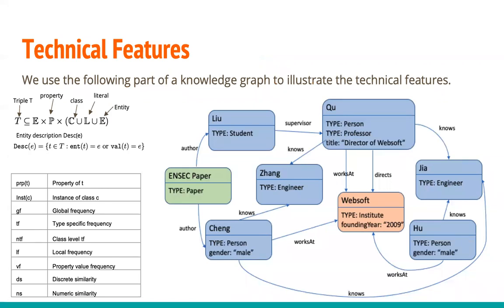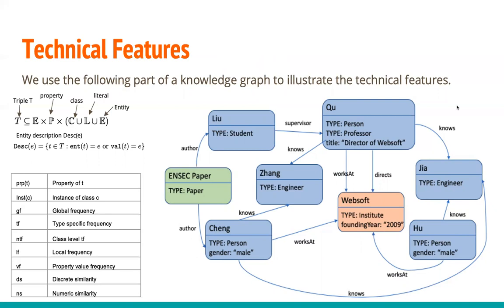So the first part, we'll go over the technical features. Here we will look at a running example, a part of a knowledge graph, a snippet. You can see there are various entities on the right hand side here, and there are actually 8 entities, and they are linked with various relationships.